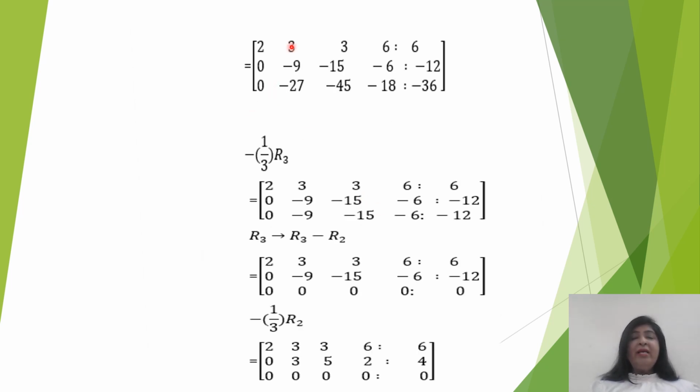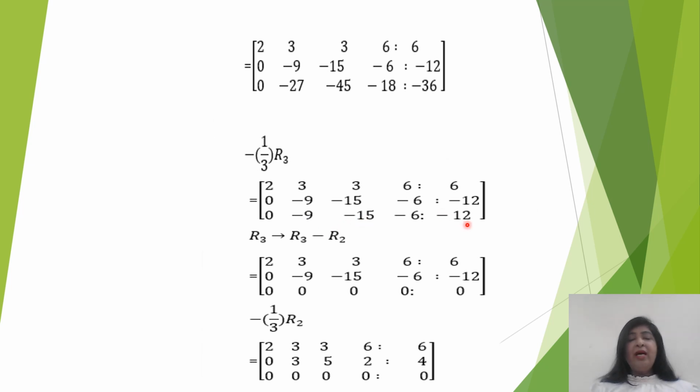So I will get the matrix as this. Now with the help of this entry, I have to make this entry 0. So what will I apply? I will apply minus 1 by 3 R3. Minus 1 by 3 R3 will give me the entries as 0, minus 9, minus 15, minus 6, minus 12.